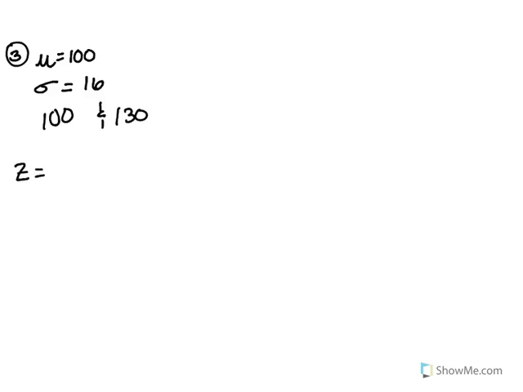So we're going to convert 100. Now I would hope that you would notice that 100 is where your mean is. So that gives you 0, and 0 on top of any number is 0. So we're starting directly in the middle, okay?